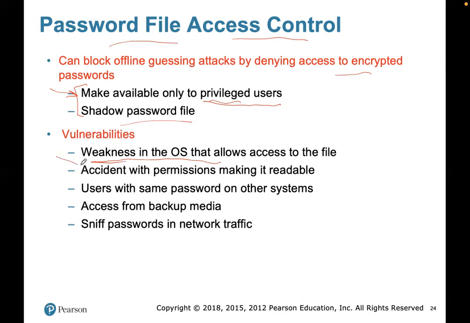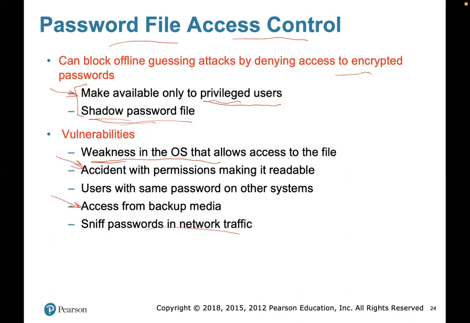Or an accident with permissions, if you accidentally give some permission to some user or some processes. Or a shadow file: having shadow password files is helpful, but at the same time might introduce new vulnerabilities because that shadow file might be compromised.